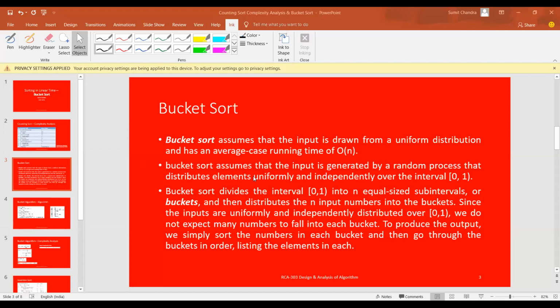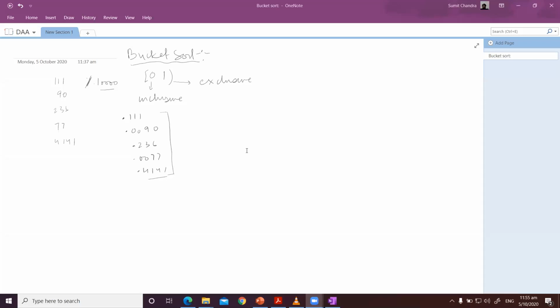Now is it visible? Yes, sir. So what I was telling, suppose we have these values. Bucket sort says that values must come between 0 and 1, where 1 cannot be a value, so every value must be less than 1. To do bucket sort on these values, we will divide all values by 10,000.